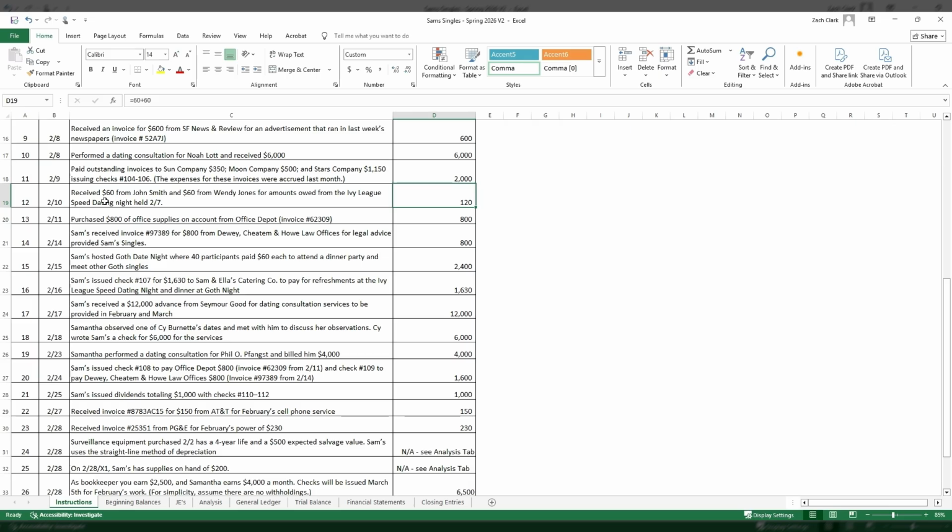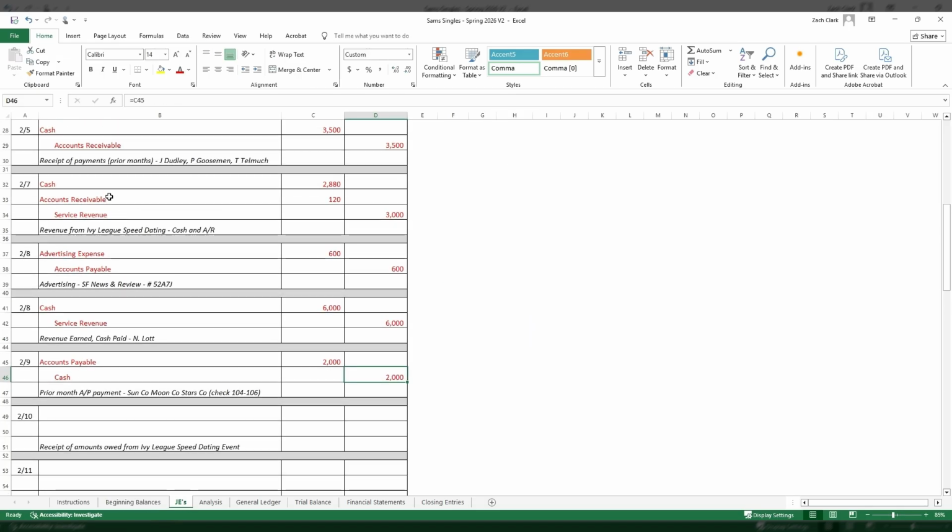Okay, transaction number 12, which happened on February 10th. We received $60 and $60 from 2 different customers. So this is the residual payment for that receivable that we were waiting for. And so we are going to actually just record the cash. And we can even just link this one back up here because now it's become cash.